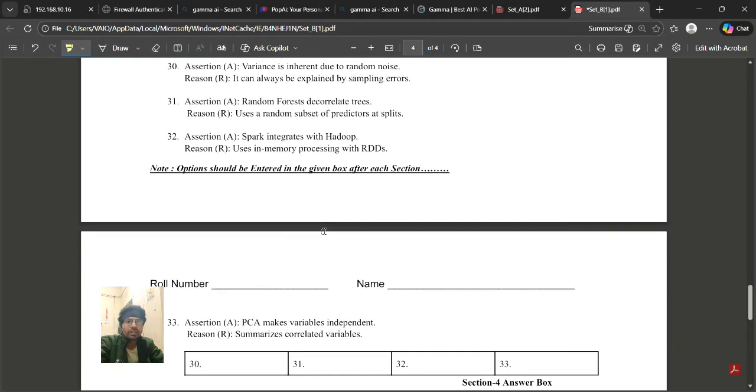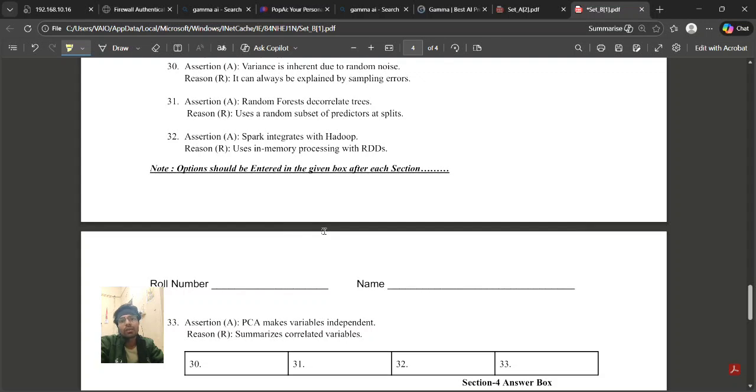And question number 32, it's Spark. The assertion is Spark integrates with Hadoop, and the reason given is it uses in-memory processing with RDD. Both statements are true.